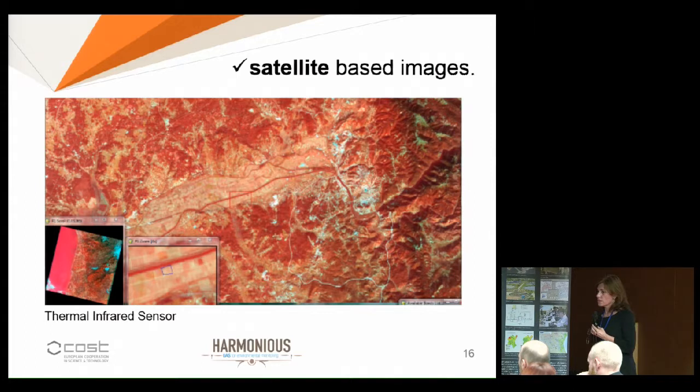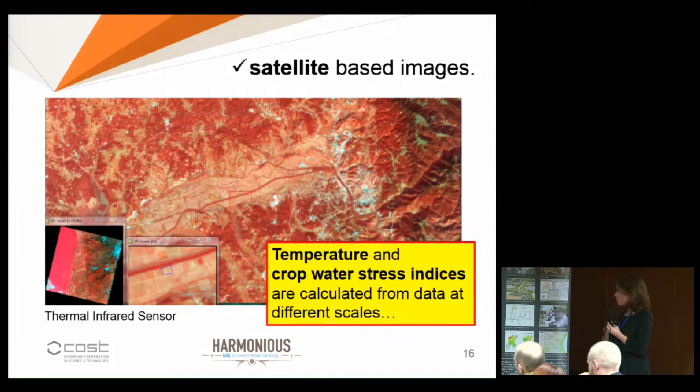We have downscaled it to 30 by 30 square meter pixels, and we were quite pleased in a way with the result, because comparing for a given date the ground measurements with the satellite measurements, even with the satellite data we were able to identify, for instance, that the information was giving an indication that the water stress of the plants was increasing as we were moving away from the inlet point in the field.